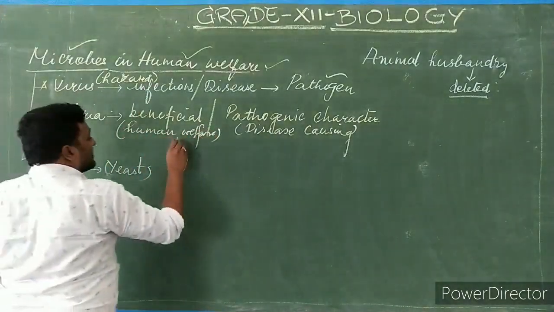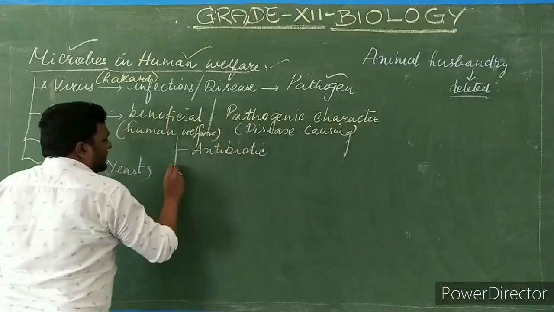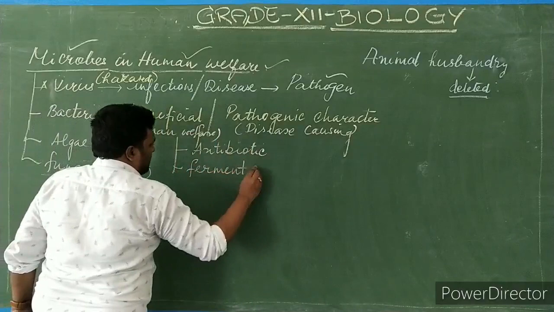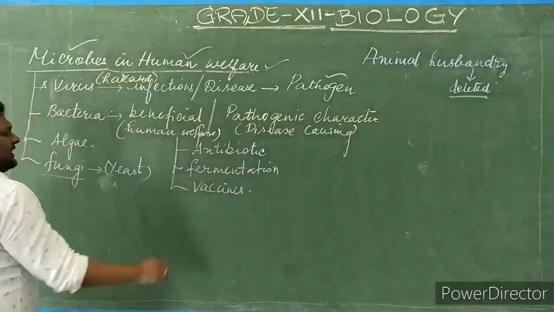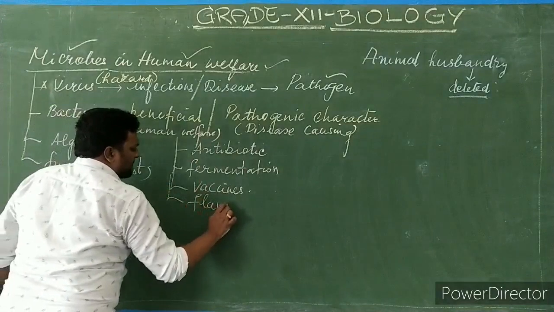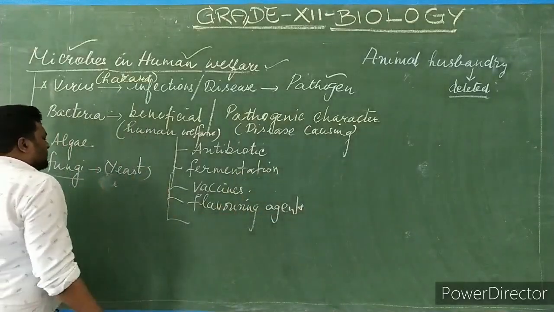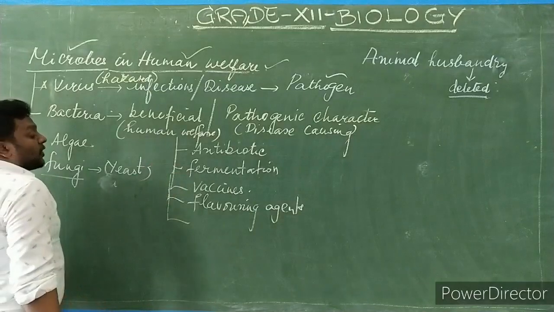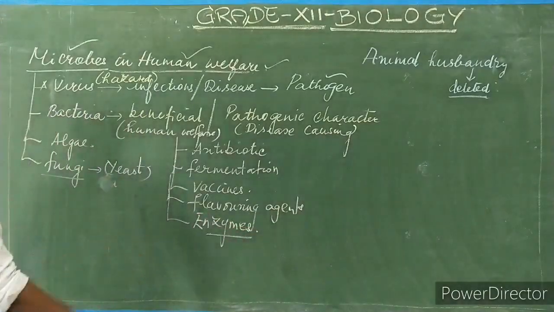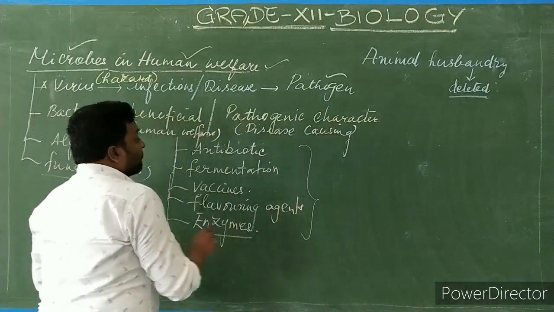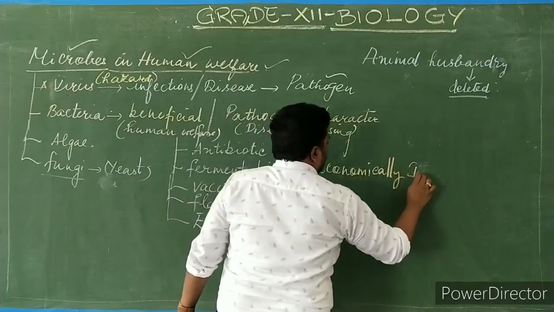For example, bacteria are used in the production of antibiotics, in the fermentation process, in the production of vaccines, flavoring agents, and enzymes. This industrial production we call economically important.